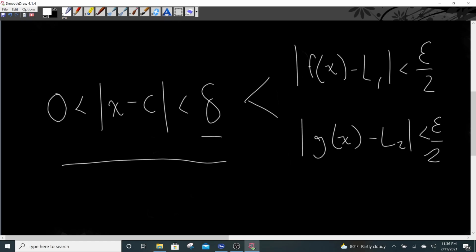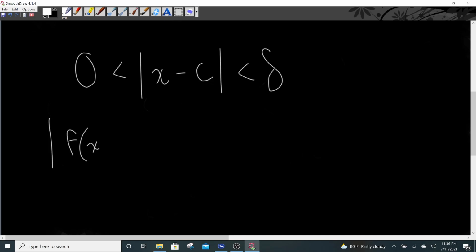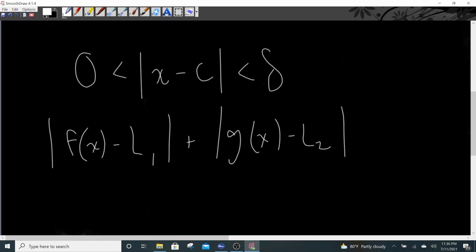Okay, so if we add the inequalities together, we can say that if 0 is less than the absolute value of x minus c, which is less than delta, that implies that the absolute value of f of x minus L1 plus, as we are adding these inequalities together, the absolute value of g of x minus L2 is less than epsilon over 2 plus epsilon over 2.